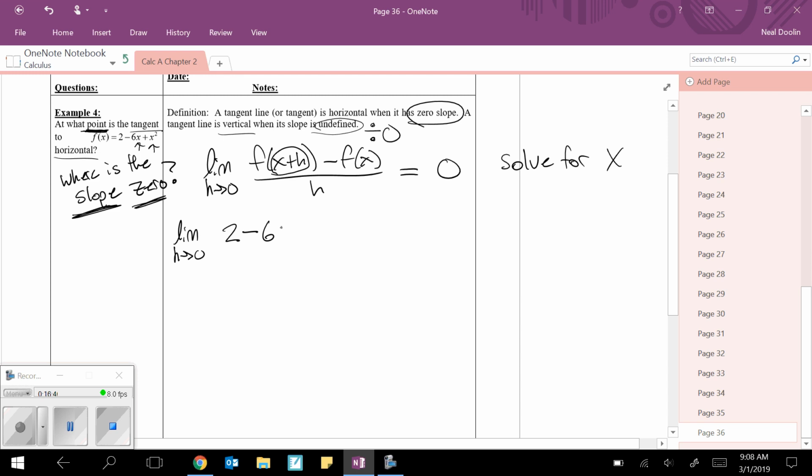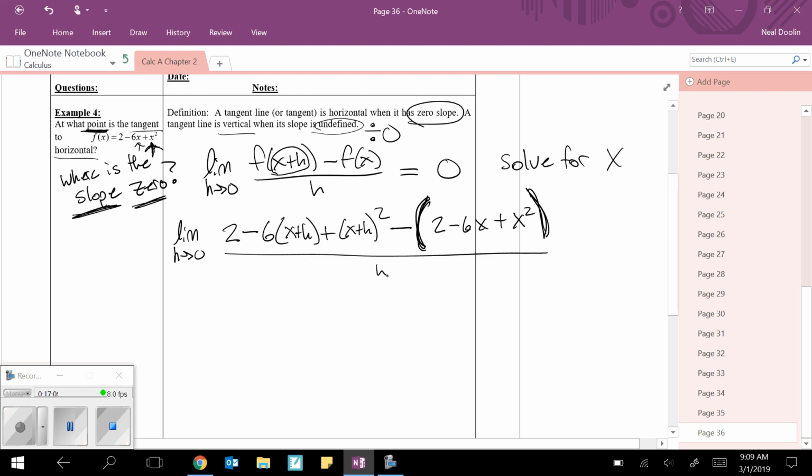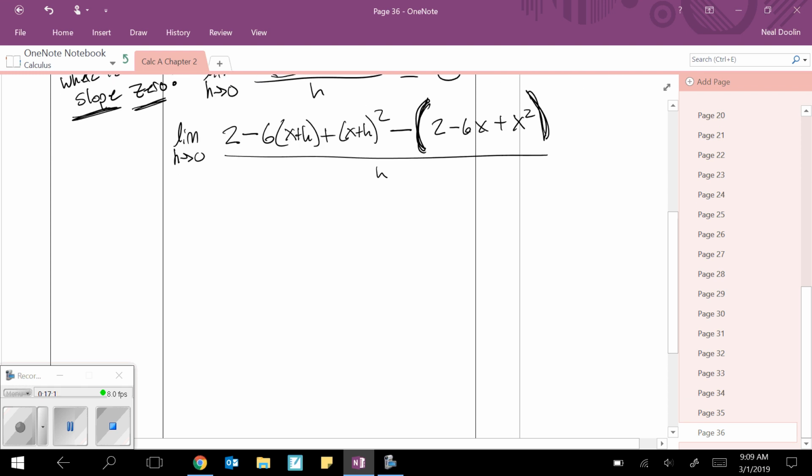And then plus, normally it'd be x squared, but instead we're plugging in x plus h squared, minus f of x. Well, that's our original function. Like I said earlier, be careful, make sure you subtract the whole original function. And we're going to divide all that by h. So this is going to be a ton of algebra, but basically this is going to give us a formula for the slope at any x value.